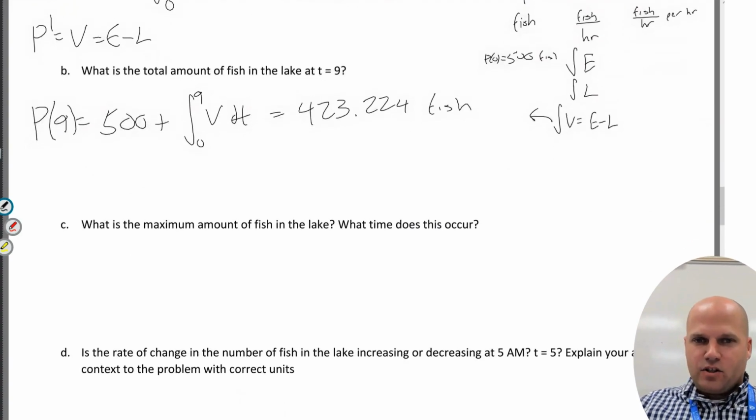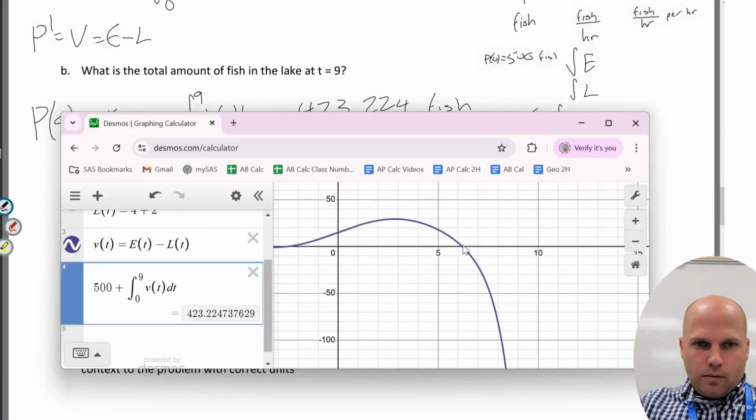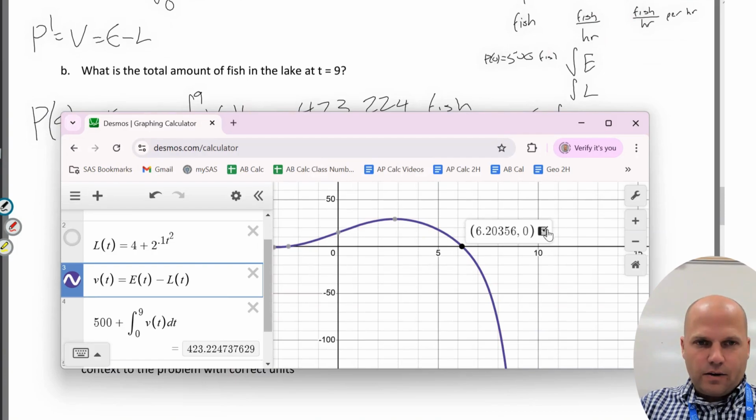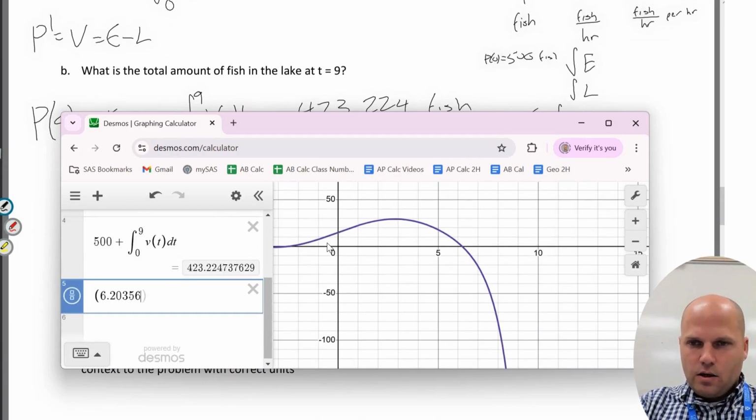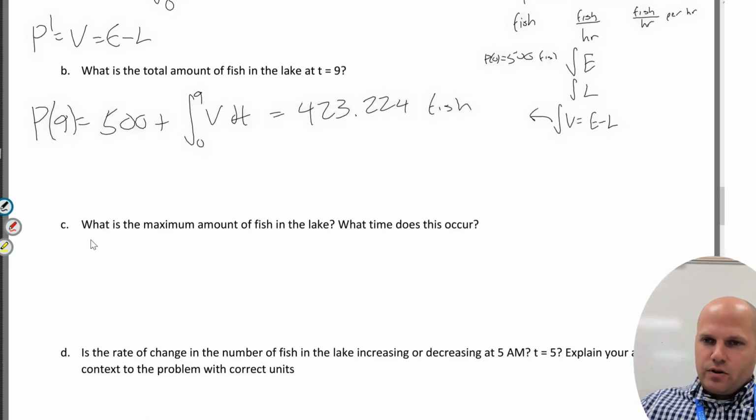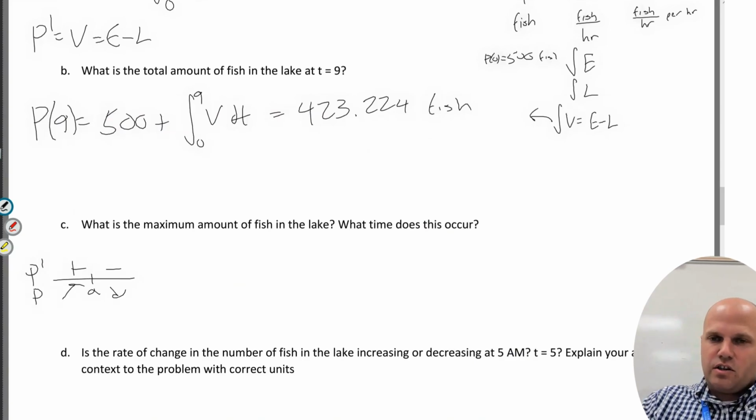What's the maximum amount of fish in the lake? Well, here we can see at this value, which I'll say is A, the derivative changes from positive to negative. So my derivative is positive until A, and then it's negative after A, which means the total amount of fish is increasing and then decreasing.